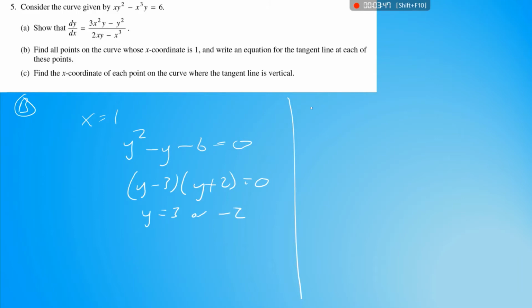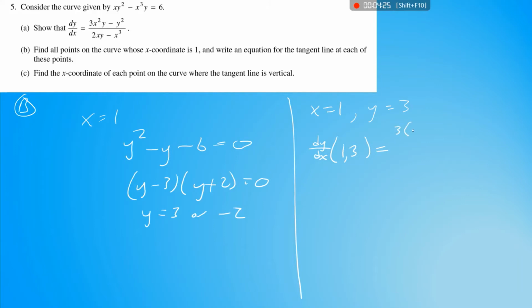We have to get both because it says at each of these points. So first one is, oh wait, we have to plug in the numbers in dy over dx. Okay, we still have dy dx showing here for part A. So if we plug in 1 and 3 in there, it's 9 minus 9, which is 0.